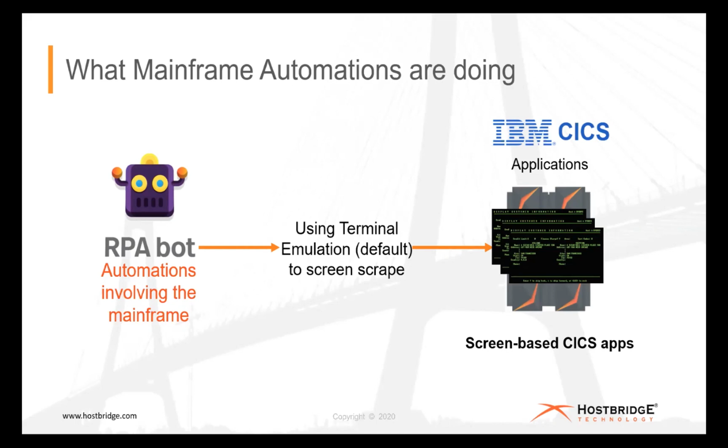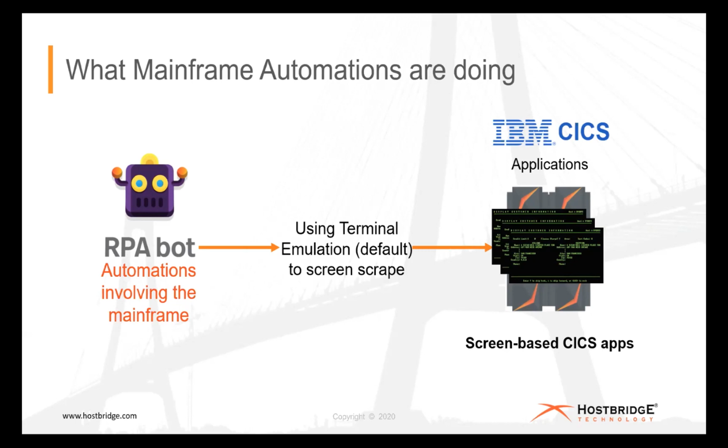It's understandable why they took this approach: 9 times out of 10, when you design an RPA bot, you're trying to design it around what a human being is currently doing today. And that human being, if they're interacting with the mainframe, is quite typically interacting directly with those applications. As a result, the bots are designed to interact with those applications. That part makes sense.